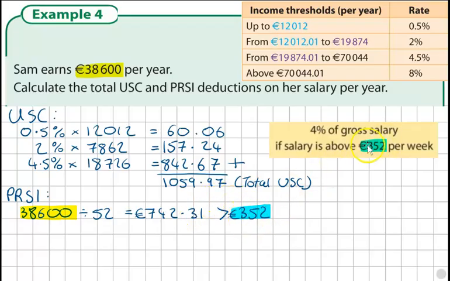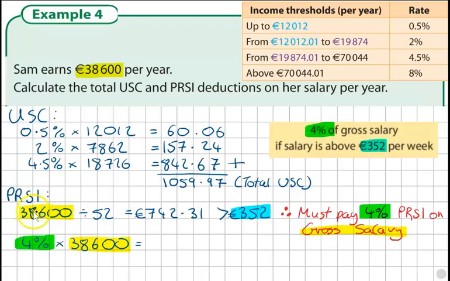So that was from our notes: 4% of gross salary if salary is above €352 per week. So therefore, she must pay 4% PRSI on the gross salary, which is 38,600. And 4% of 38,600, so we multiply, is €1,544. So this is the total PRSI.